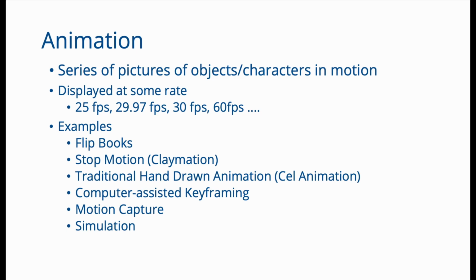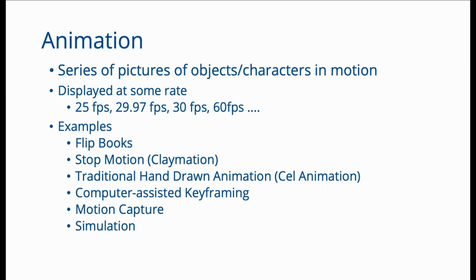Then there is computer assisted keyframing where you create the keyframes, which are certain important poses and certain important positions that the characters and your objects might have, and you model these inside the computer using a 3D content creation program like Maya or Blender or Houdini, and then you use the computer to interpolate between these keyframes that generates the animation.